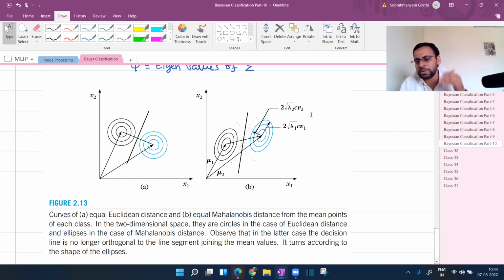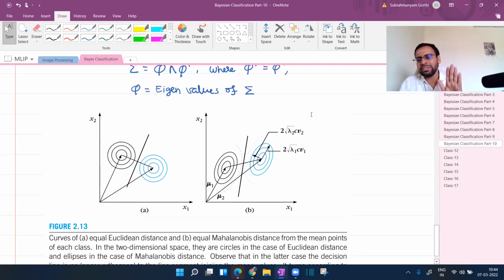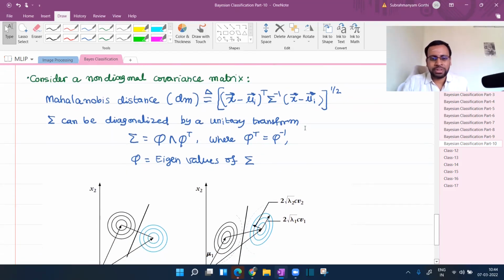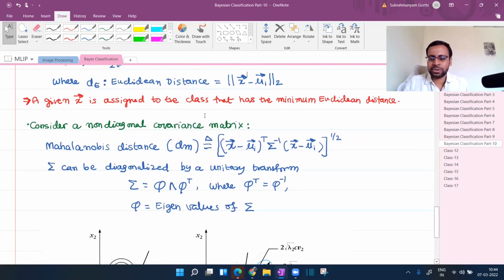If you want a worked-out example, it is also in the textbook, you could refer to it. But anyway, in the exam, I will not ask any problems where I have a non-diagonal covariance matrix, as I'm not very sure how many of you are very comfortable with it. But again, it is not to say that you can get away with it.